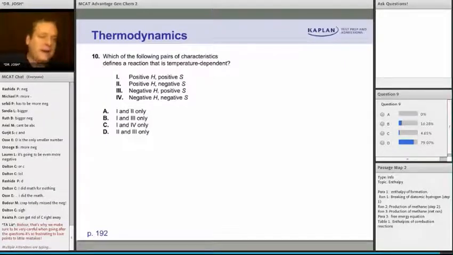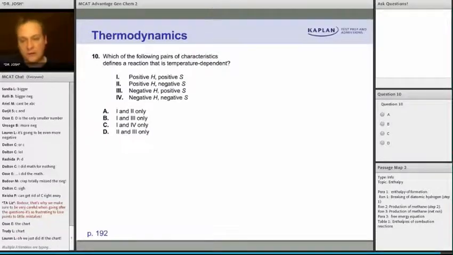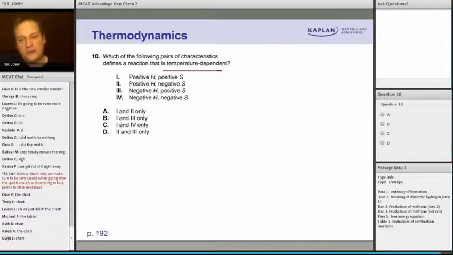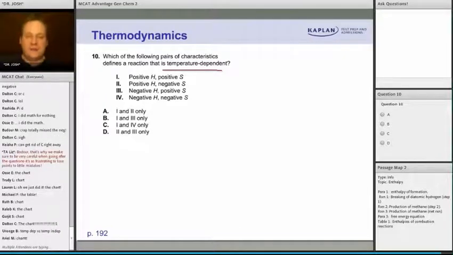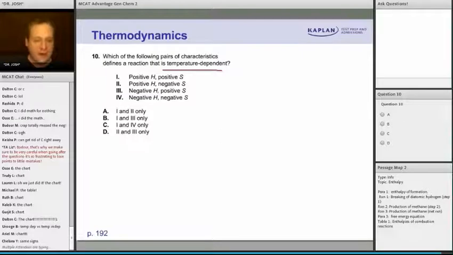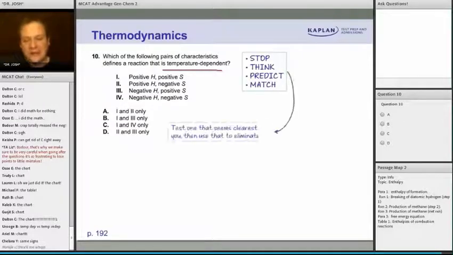What have we talked about tonight that helped you with number 10 when you're thinking about solving this one? We want the temperature dependent. We think about the chart we discussed earlier, remembering that when the signs are the same, temperature is going to matter. So in a question like this, you could start with the piece that's easiest and start eliminating. We know that temperature dependency requires the same sign overall.